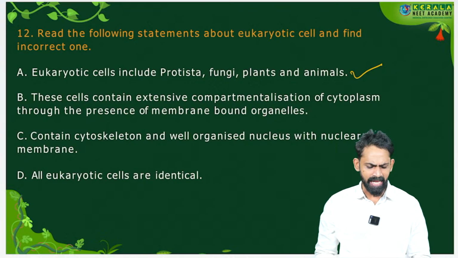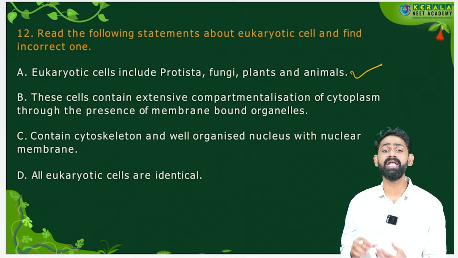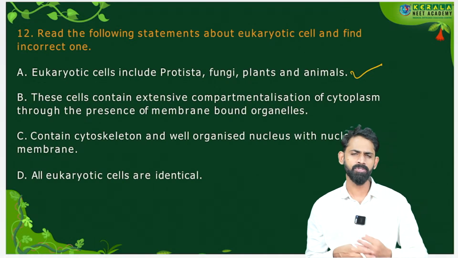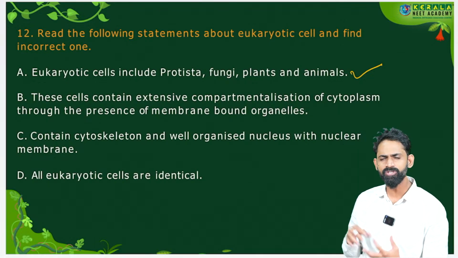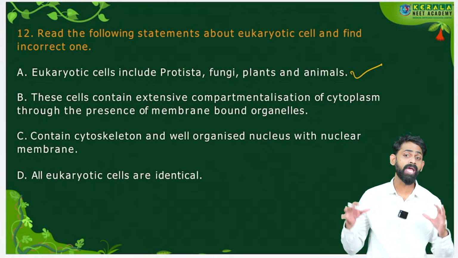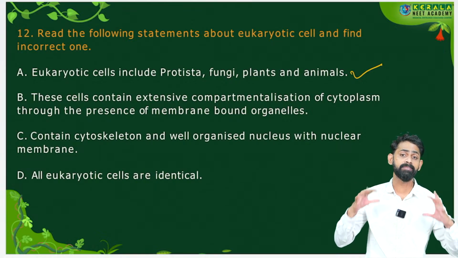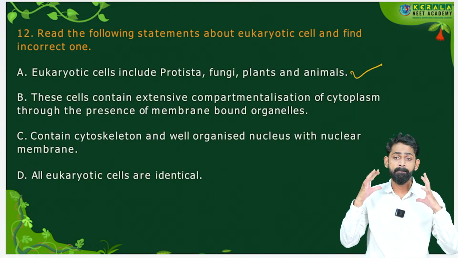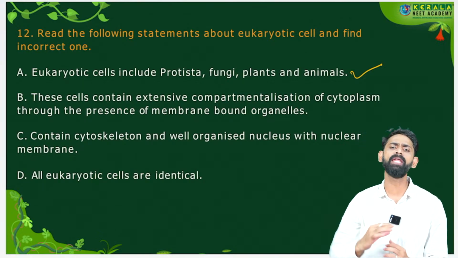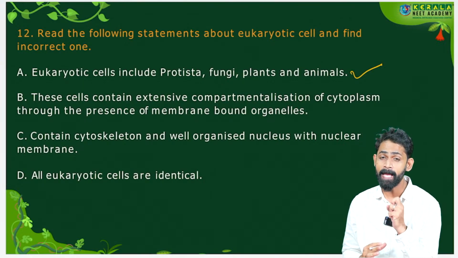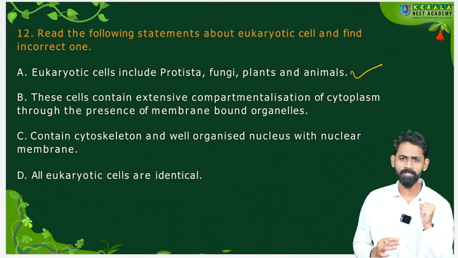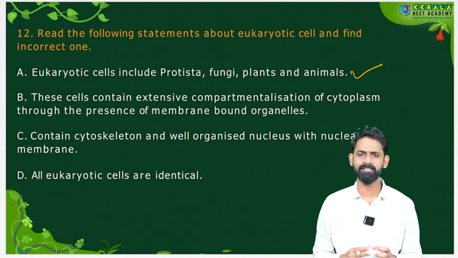Eukaryotic cells contain extensive compartmentalization of the cytoplasm. Superb usage by the NCERT. Because the eukaryotic cell cytoplasm consists of a number of membrane bound organelles. The presence of membrane bound organelles is called extensive compartmentalization. So, thank you to the professor who wrote the NEET NCERT textbook.